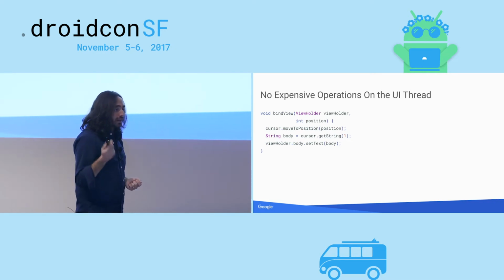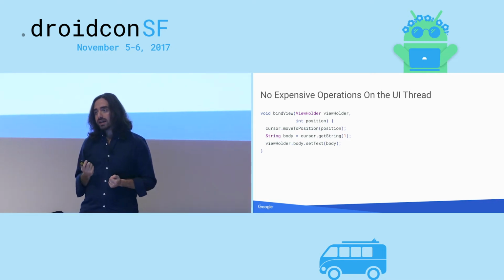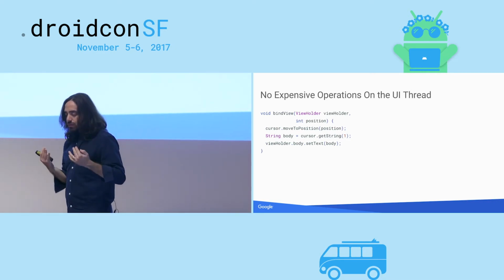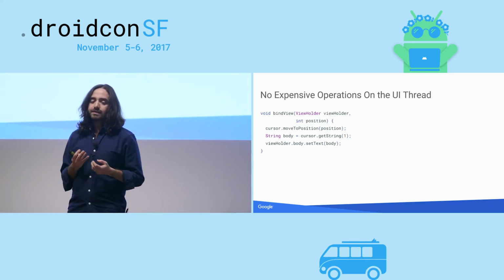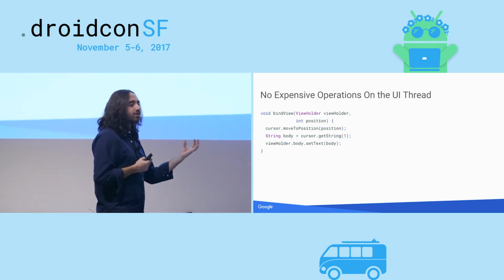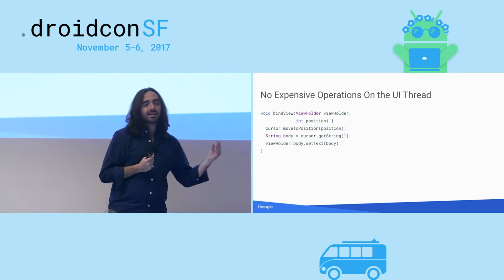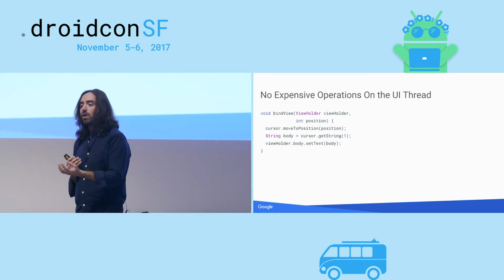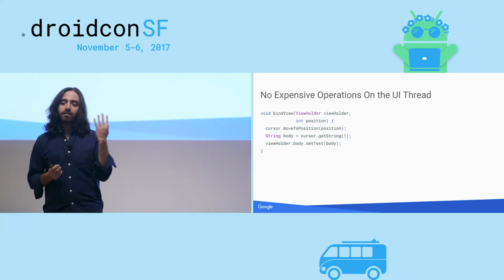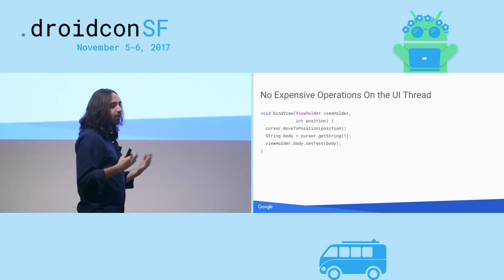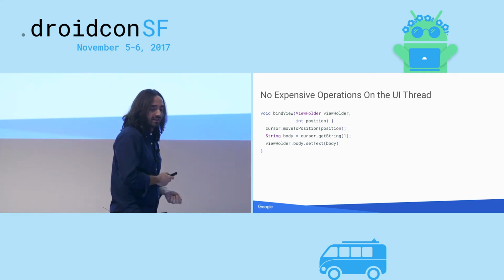The second thing, no expensive operations on the UI thread. Now, it's just super important that you never miss a frame on the UI thread. It's similar to, just because you didn't commit a crime for 100 days, no one gives you a present, you commit a crime one day, you go to jail. It's very similar in the UI. You miss one frame, it looks horrible. Doesn't matter, all of your other frames are in 5 milliseconds.